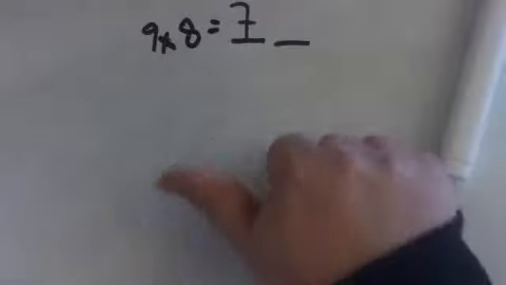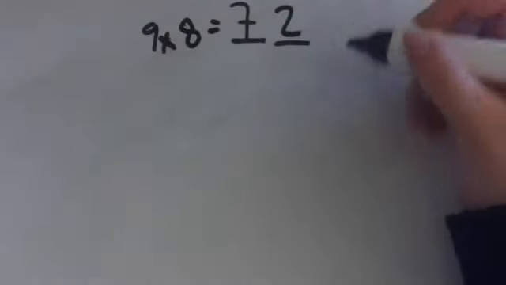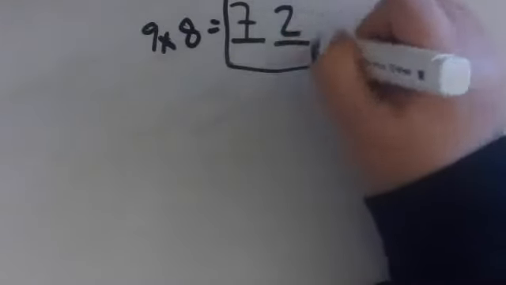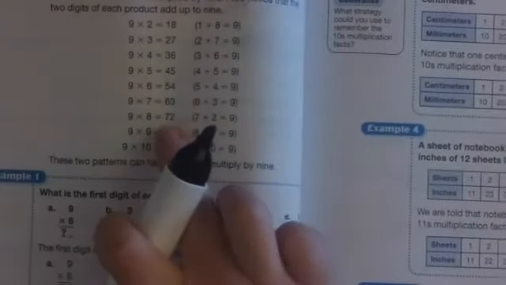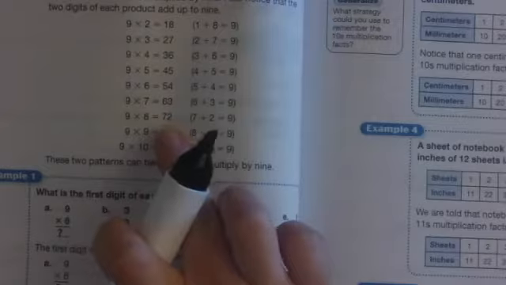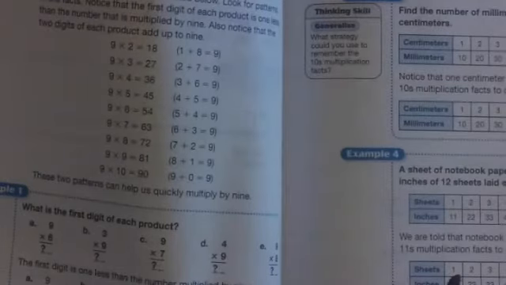Well, 7, 8, 9. I add 2 to make 9, which gives me a product of 72. Let's check. 9 times 8 is 72. So that pattern works for us. Now you can do this all the way up to 9 times 10 before it starts changing a little bit.